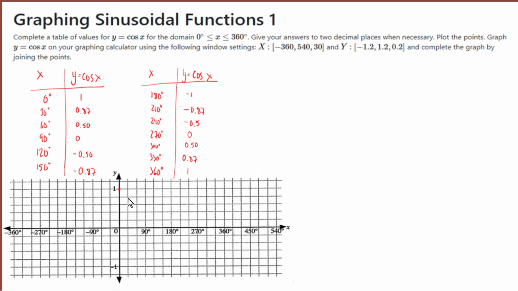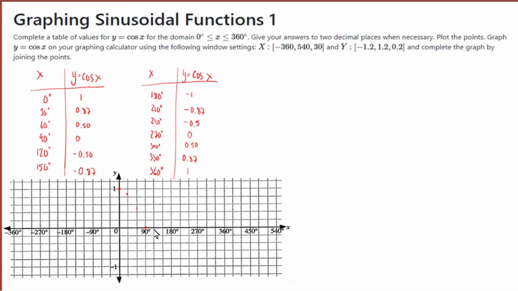So that's 0.8, so it's going to be somewhere over here. When x is 60 degrees, which is right there, it's 0.5, which is going to be right in the middle, right there. At 90 degrees, it's 0.